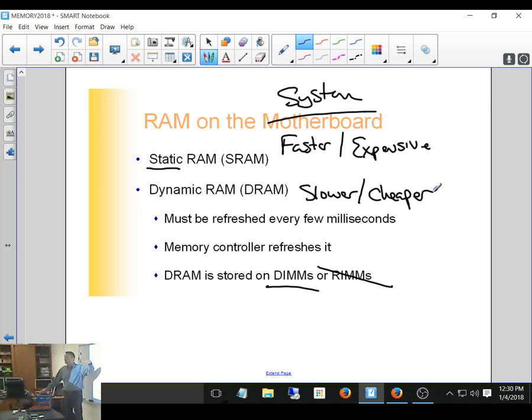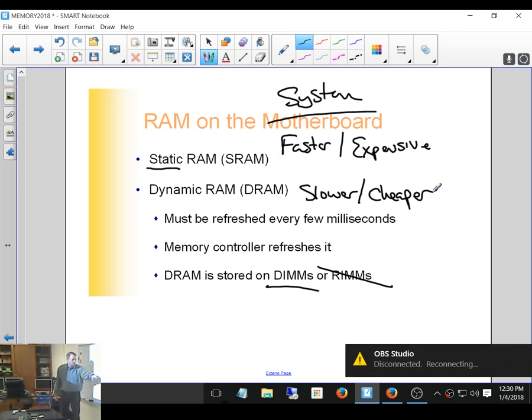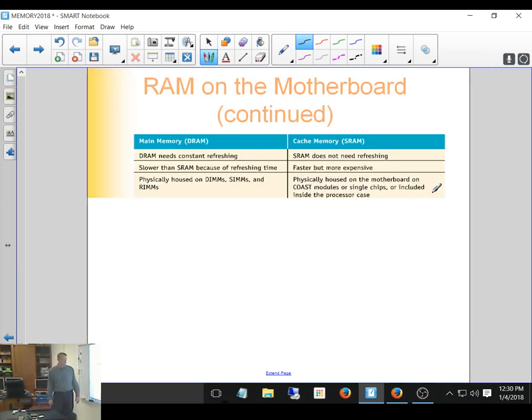That's why when we talk about cache, it's 2 meg, whereas when we say we have tons of RAM, we're talking about 16 or 32 gigabytes, because dynamic RAM is so much cheaper. So CPU cache is static, it's faster and expensive, and the system RAM is dynamic, it's slower and cheaper. And that's what this next slide basically says.